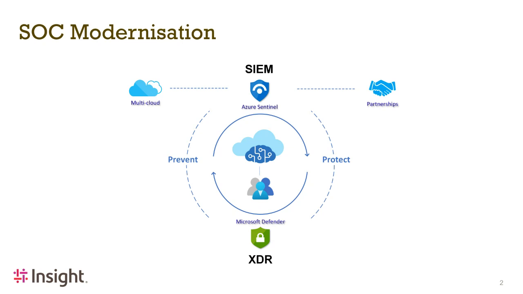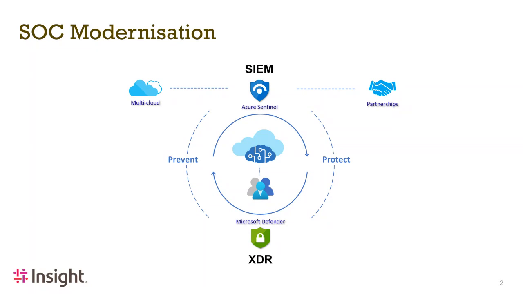XDR is a solution that knows your workload well and gives you insights based on Microsoft 365 identity and SaaS applications. SIEM looks at a very broad picture, takes the signals from XDR and extends that to other systems and other sources of security information.